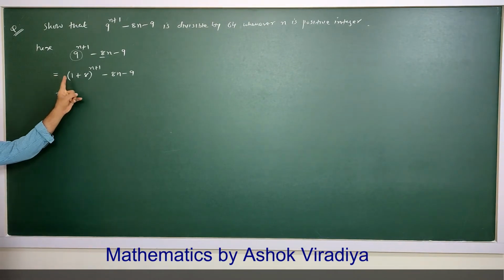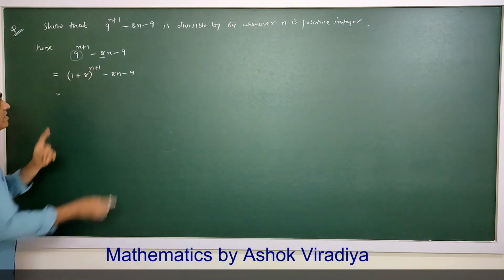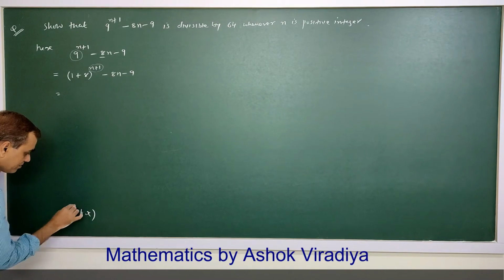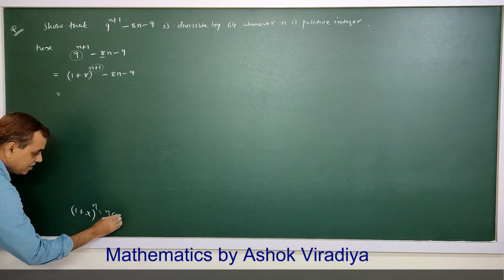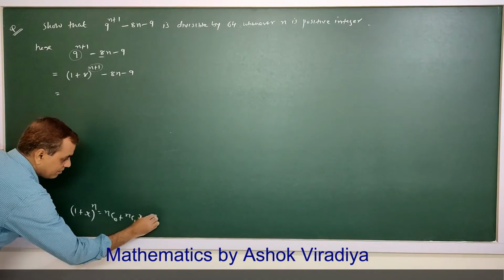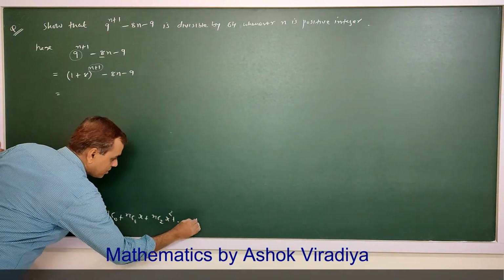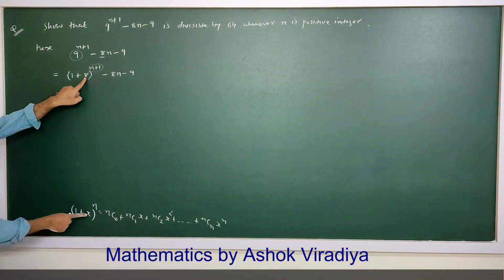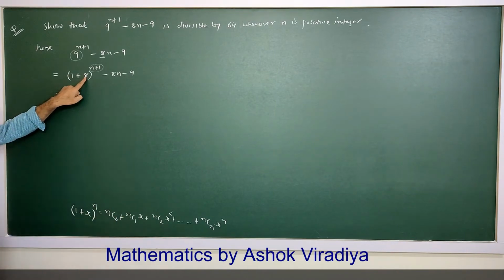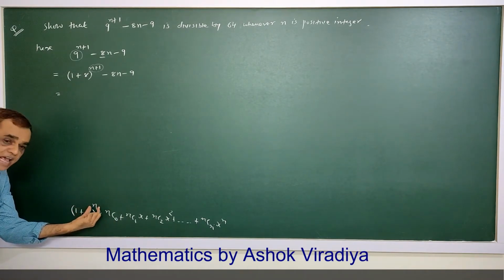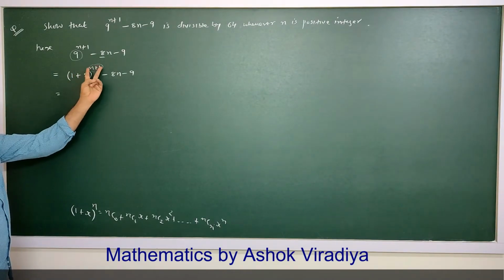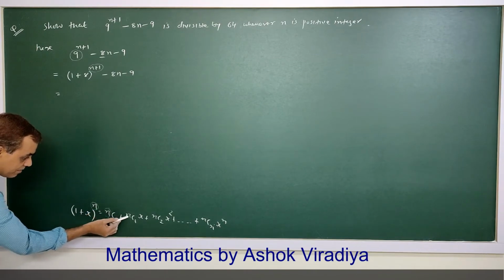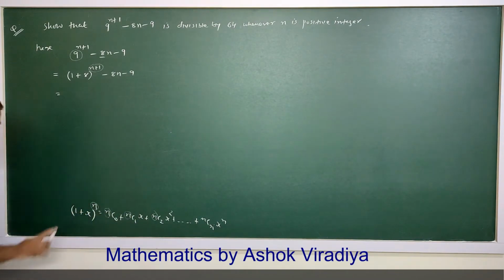Now see the application of (1 plus x) raised to n. Now we are applying this formula: nc0 plus nc1 x plus nc2 x square plus up to ncn x raised to n. In place of x we put 8, and n will be replaced by n plus 1 everywhere.